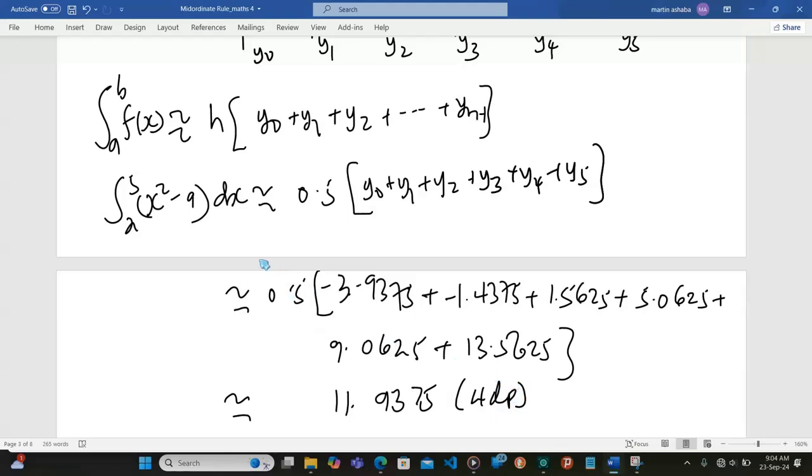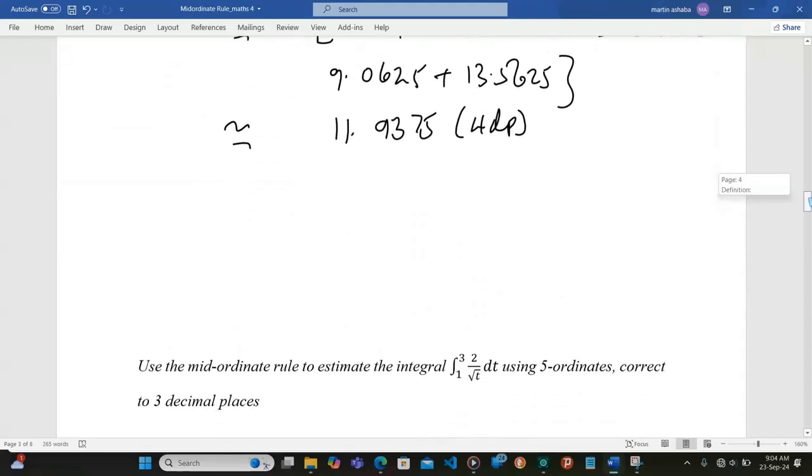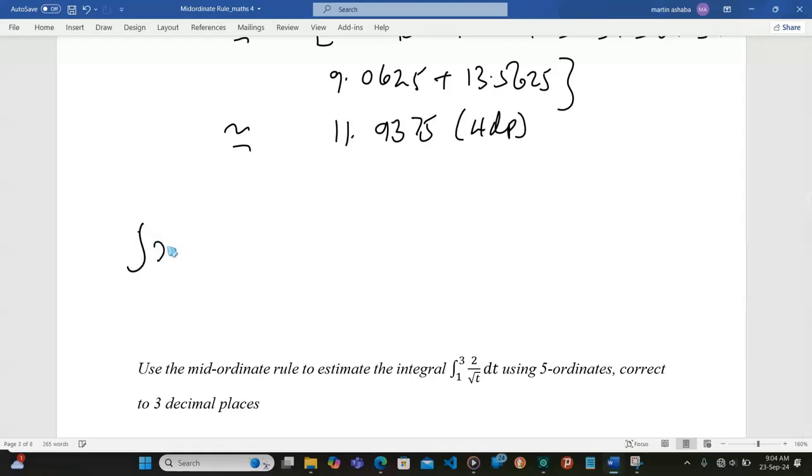If we wanted to integrate this manually, by a direct integral, we integrate x squared minus 9 with respect to x from 2 to 5. This is x cubed over 3 minus 9x from 2 to 5.